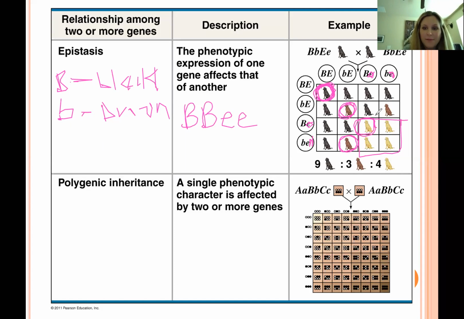It's yellow. What about this? You would say, oh, that's a brown dog. Nope, because that's this one right here. Okay, hopefully that kind of makes sense. If the second gene is homozygous recessive, it doesn't matter what the first gene is, the first gene won't be expressed. And so lab color is a really common example given for that one.